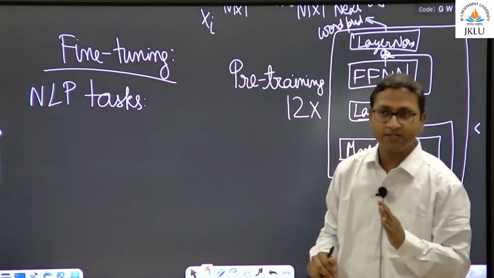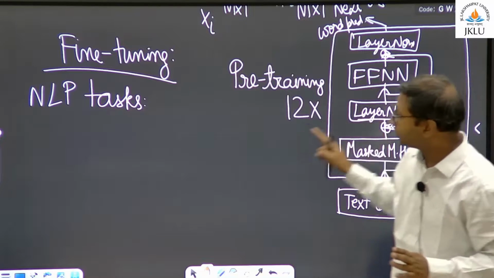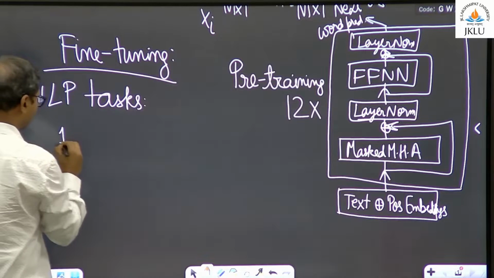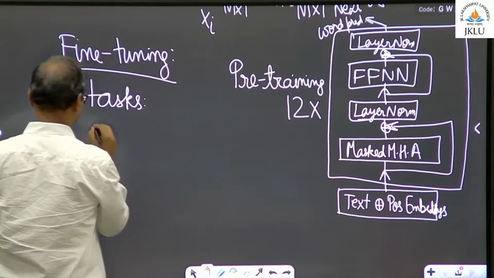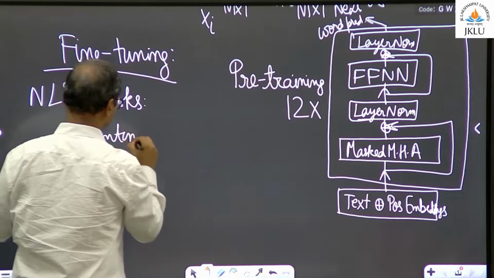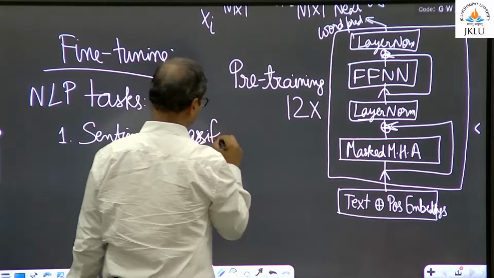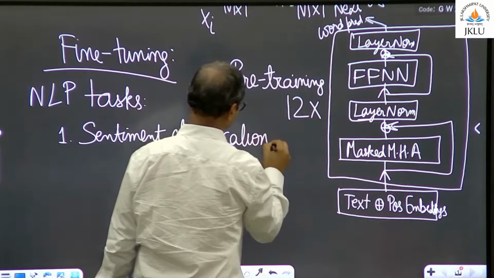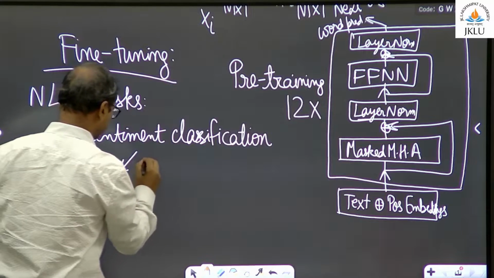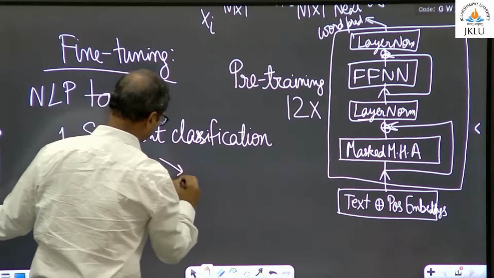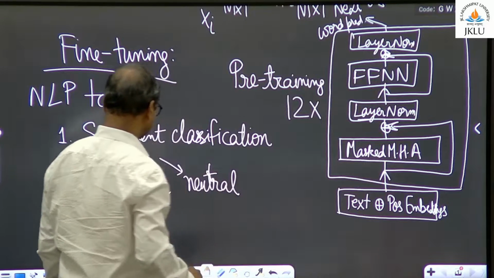Now fine tuning means I am not going to learn all these things from scratch when I am going to do NLP tasks. So for example, if I am trying to do sentiment classification, in positive, negative or neutral classes, right?